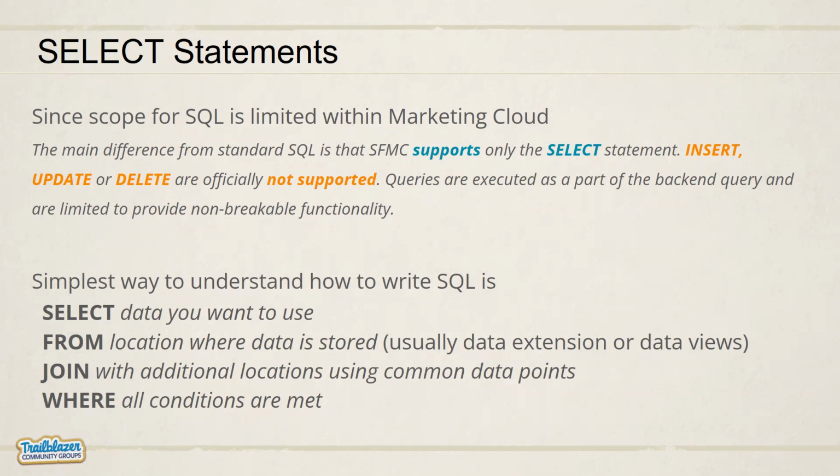Before you run it to populate your data extension, it's good to always check if your where conditions are properly crafted, because you don't want to retrieve a million records when your target audience is just 10,000. So that's what the where condition does. It will filter out the records for you and give you only the things which are necessary. Any questions here?